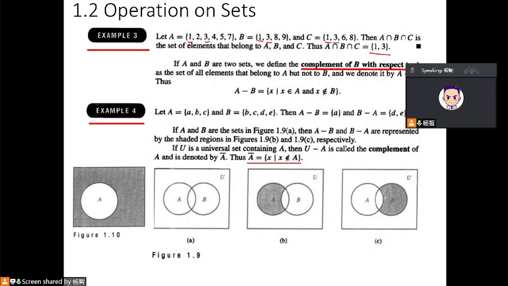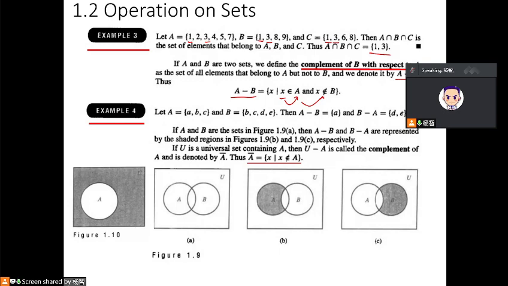If A and B are two sets, we define the complement of B with respect to A as the set of all elements that belong to A but not to B. We denote it by A minus B. A minus B is the set including the elements that belong to A but do not belong to B. These elements form the set A minus B, the complement of B with respect to A.